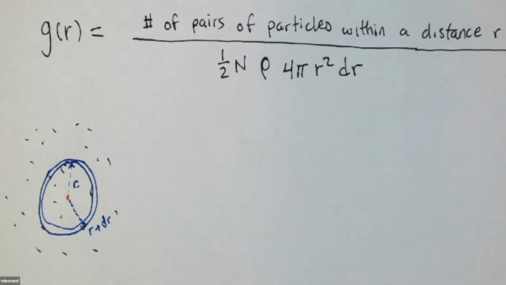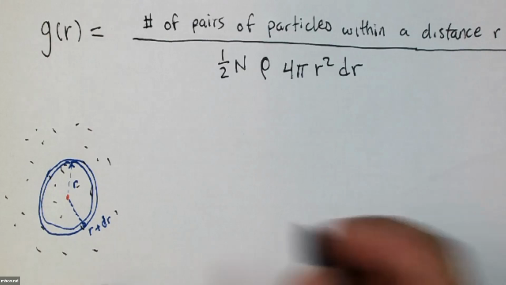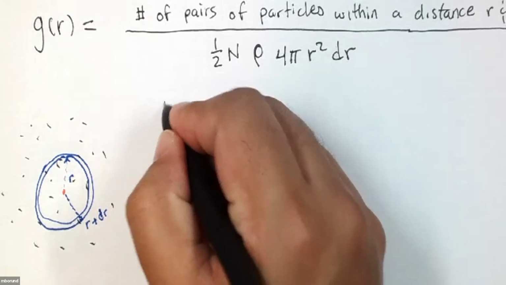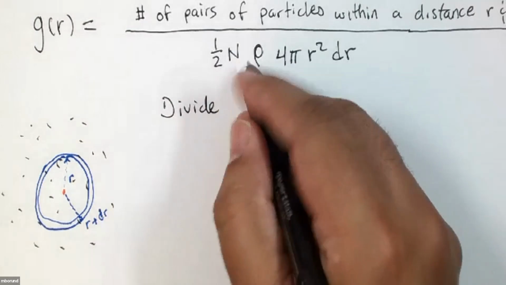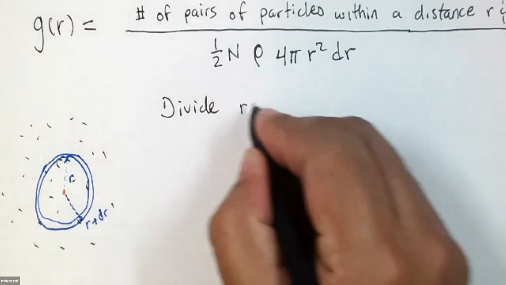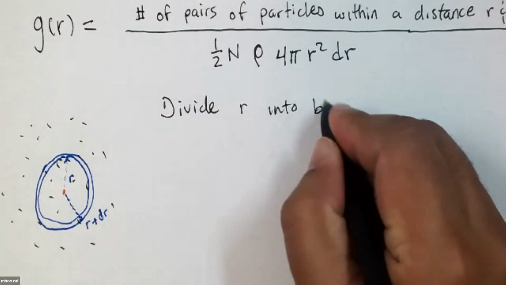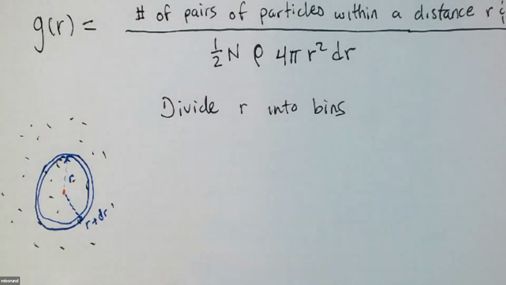All right, so this is the way to build a computer code, right? You divide r into bins. So each location is going to be a bin.